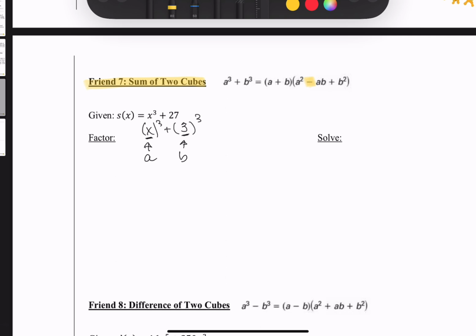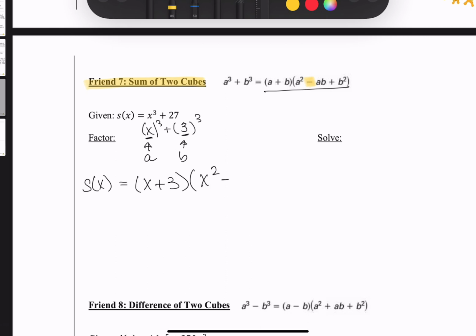Now, factoring this is very simple. I'm just going to follow the pattern up here. So s of x will be factored into a plus b, or the cube root of both terms. So x plus 3 times, and now I'm going to follow the pattern on the second polynomial. You take the cube root of the first term, or x, which is my a, and you square it.